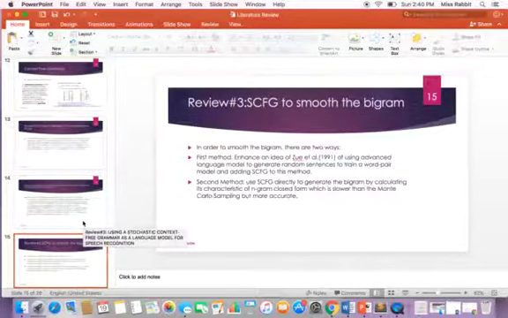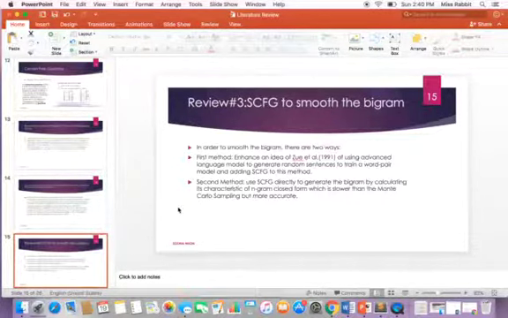One of the methods they used is to smooth the bigram. In order to smooth the bigram, there are 2 ways. The first method is to enhance an idea of Zeus et al. by using an advanced language model to generate random sentences to train a word pair model, and adding SCFG to this method.